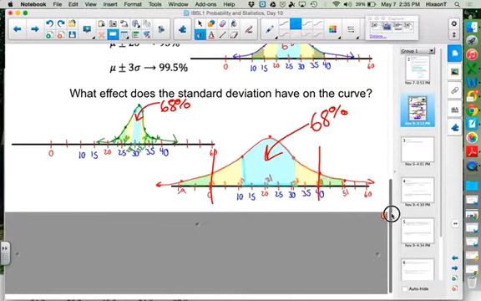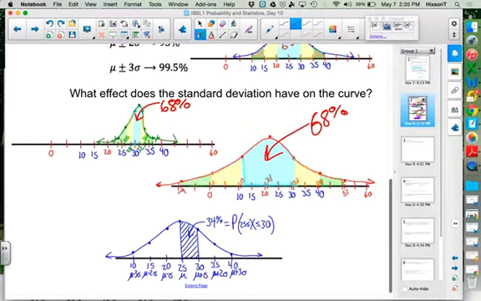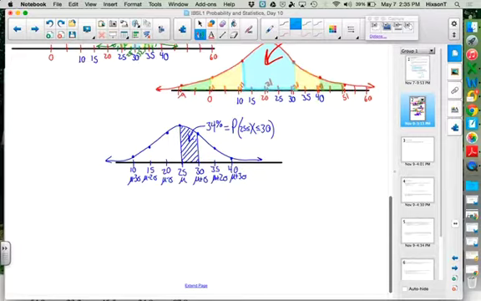Another thing we can look at is specific regions. For example, going back to our first one, what's the probability that we're between 25 and 30? Because it's symmetrical and I know this whole thing would be 68%, I can figure out this little region right there is half of it.